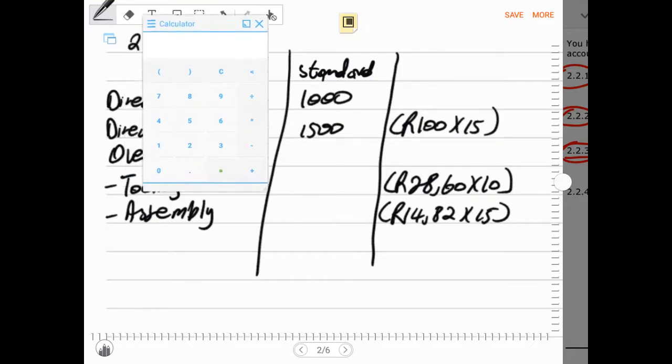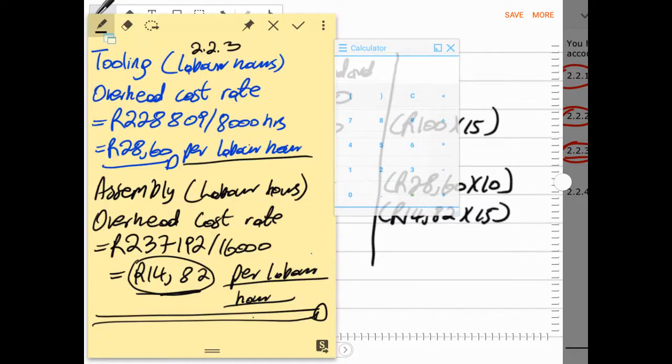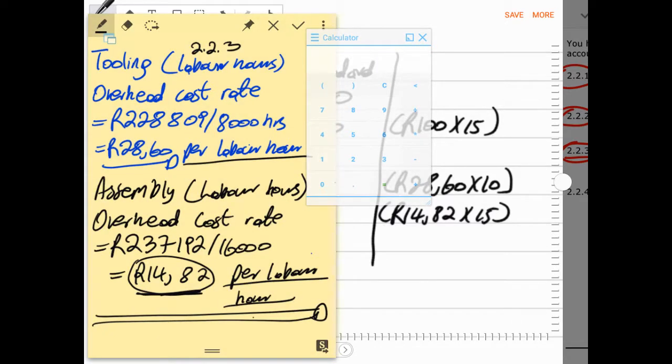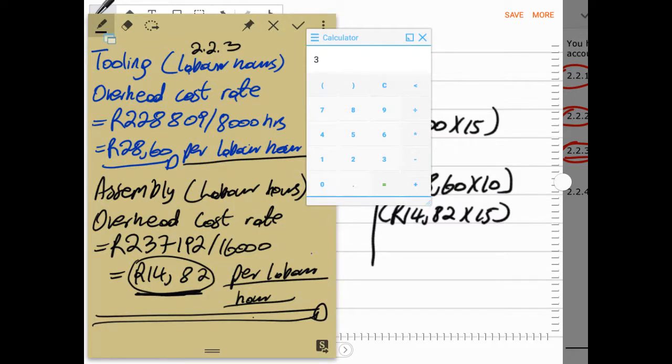the decimals were not supposed to be removed. When we calculated this in the previous course, we need all the decimals. We said 237192 divided by 16,000, then multiply by 15.